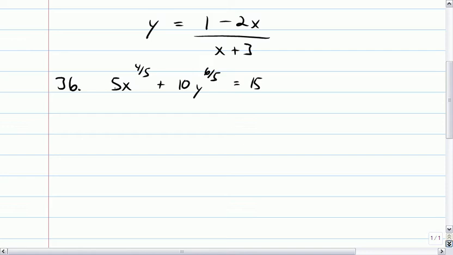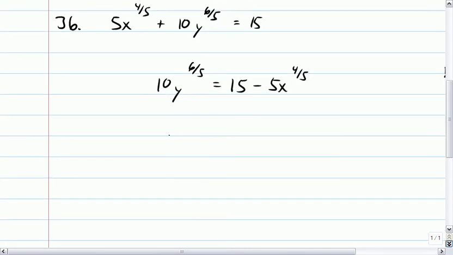So let's move the 5x to the 4/5 over. So you got 15 minus 5x to the 4/5, and that's 10y to the 6/5. So I divide both sides by 10 to get me one step closer to having y explicitly solved for. So 15 minus 5x to the 4/5 divided by 10.